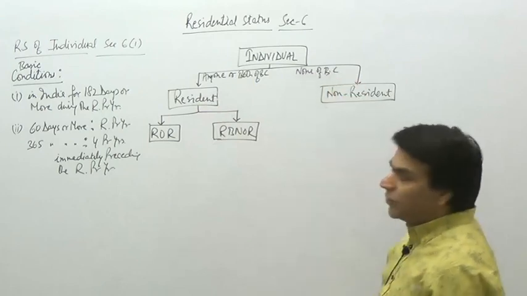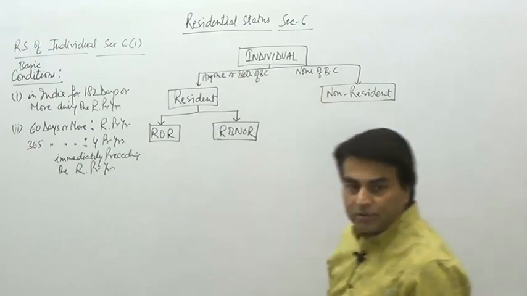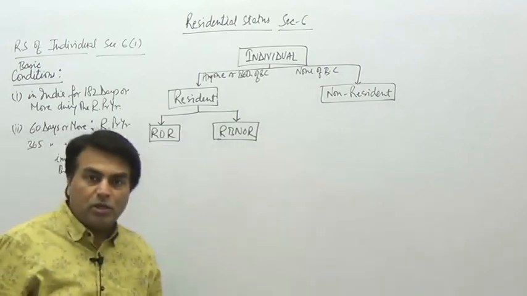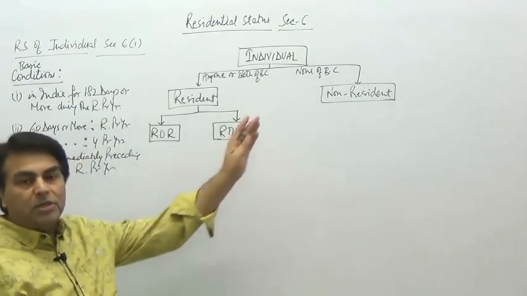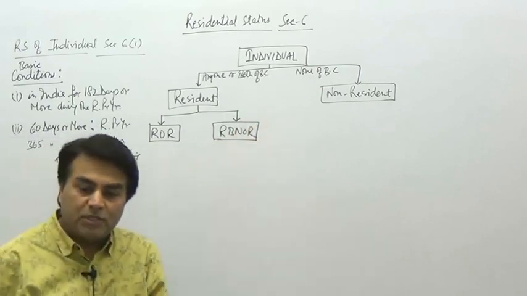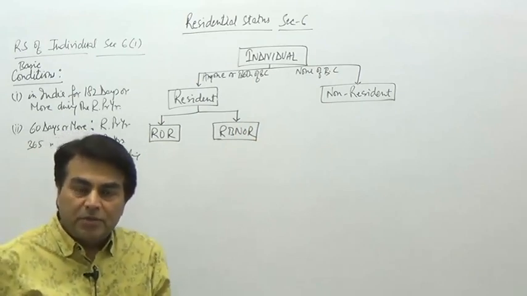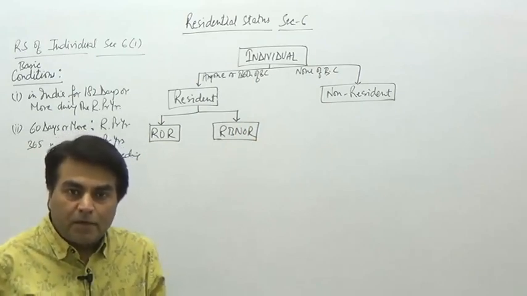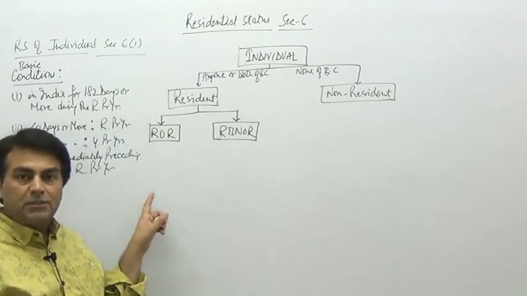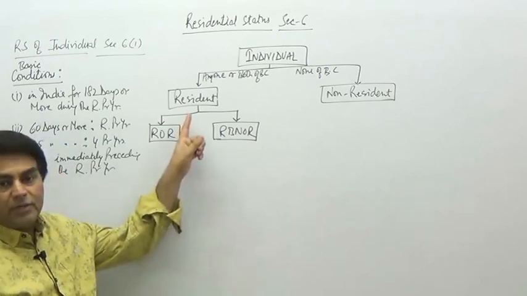In case he does not fulfill any of the basic conditions, he would become the non-resident. Non-resident is a final status in itself. So if he becomes a non-resident here, your computation part is over. He has now got a stamp that he is a non-resident for this particular previous year. But if he satisfies any of these basic conditions, minimum 1 condition, then he would become a resident.